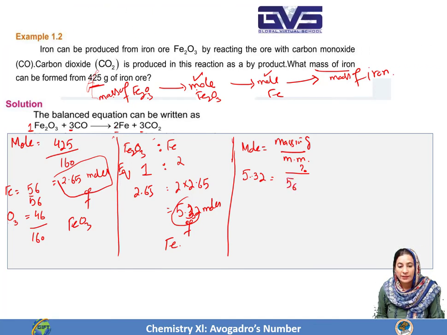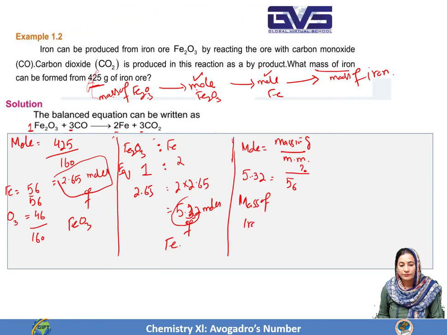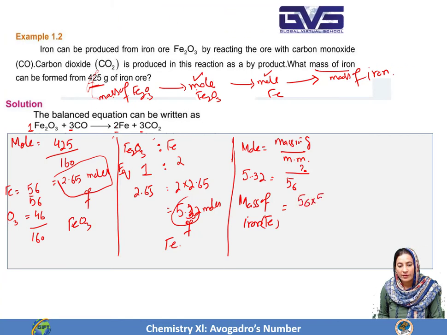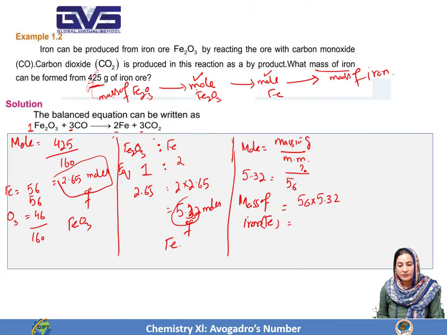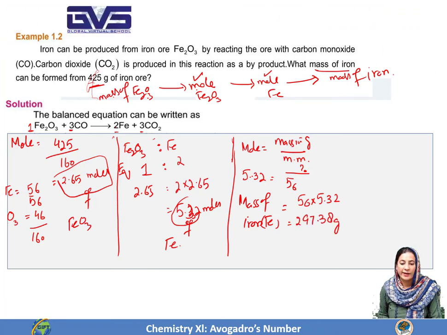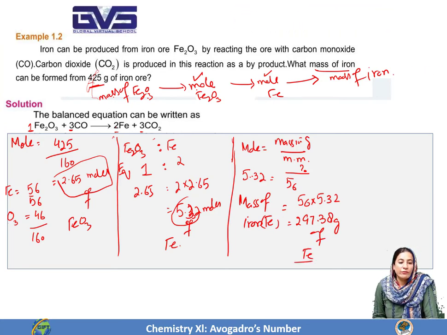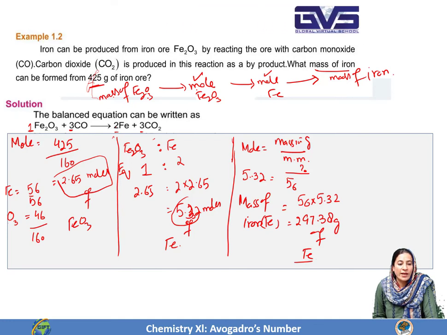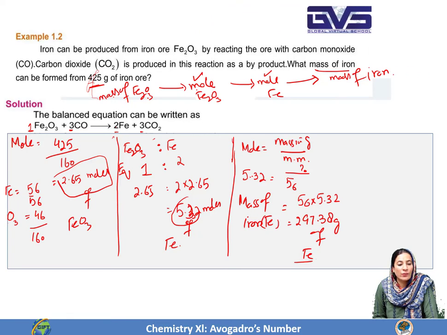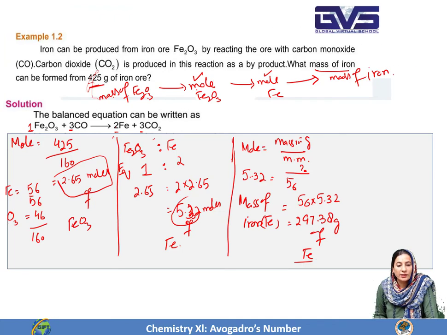So 56 will be multiplied with this. So mass of iron, that is Fe, will be equal to 56 multiplied by 5.32. Answer will be 297.38 grams of iron. It means when 425 grams of iron ore is consumed, then 297.38 grams of iron are formed. So hopefully this is clear now.